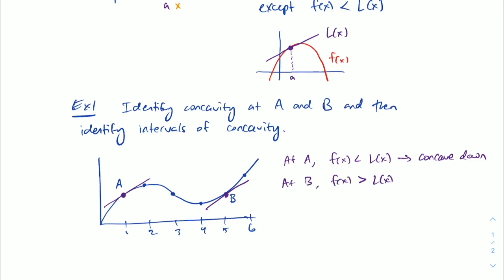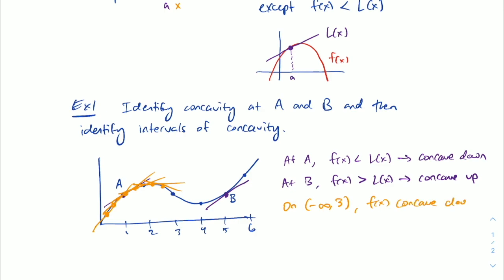So it's concave up here. More broadly, at all these points before 3, we draw the tangent line. The function is going to be below its tangent line. So on the interval negative infinity to 3, the function is going to be concave down.